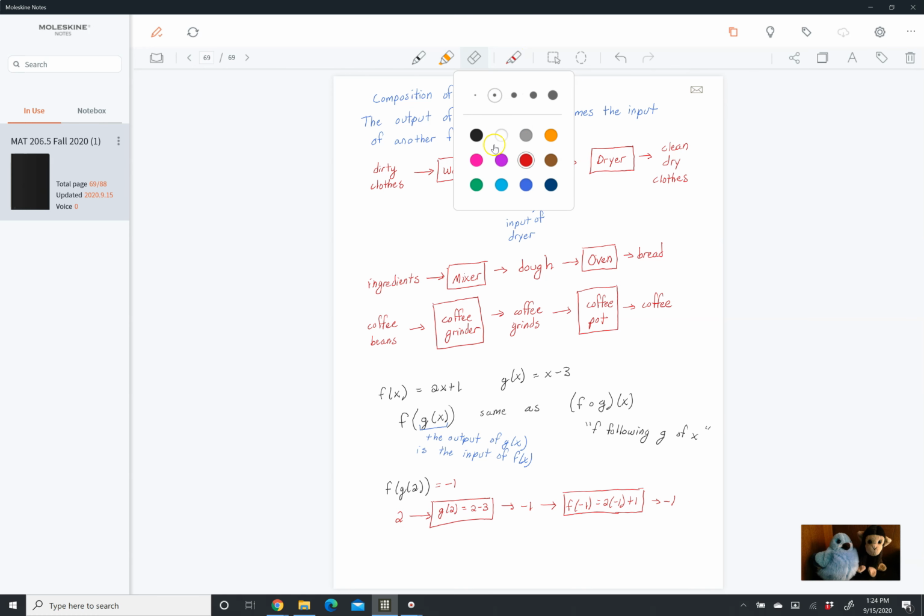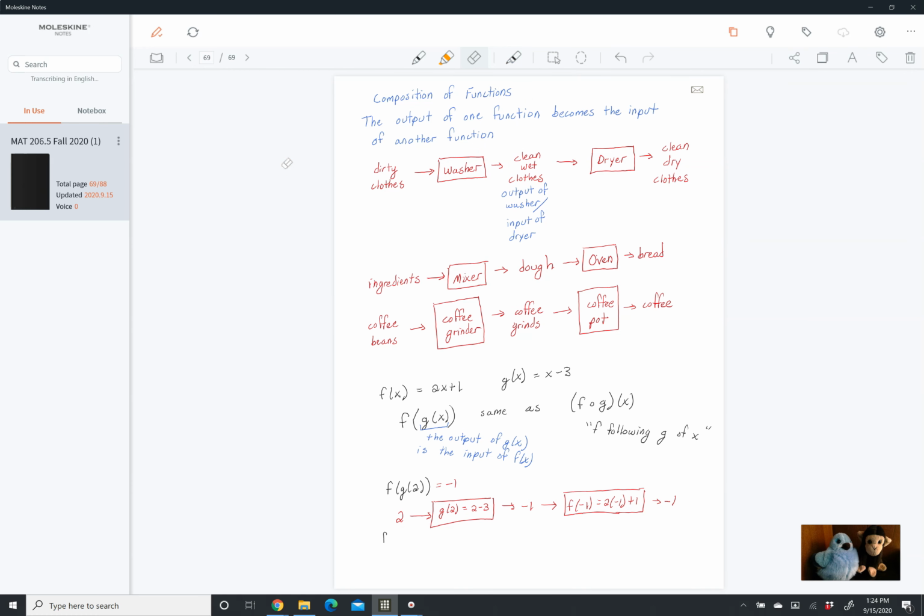Let's say that instead we did f of g of 1. Okay, so now we're going to take 1 and put it into g first. So 1 is going to go into g. What comes out? Negative 2 comes out.